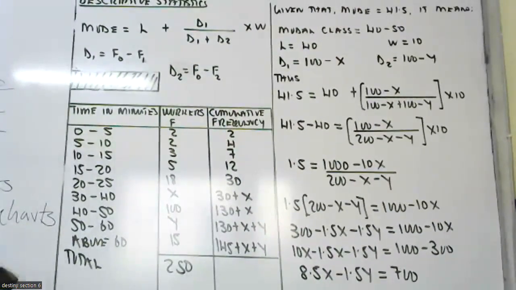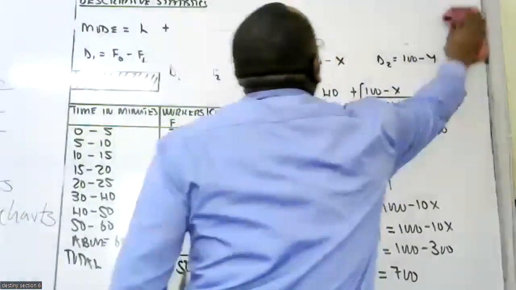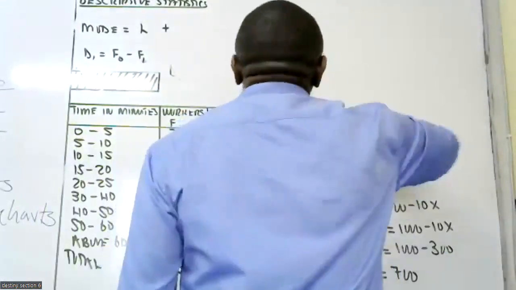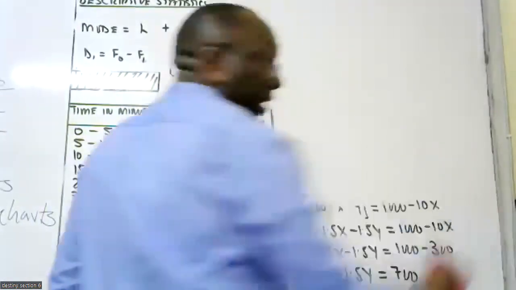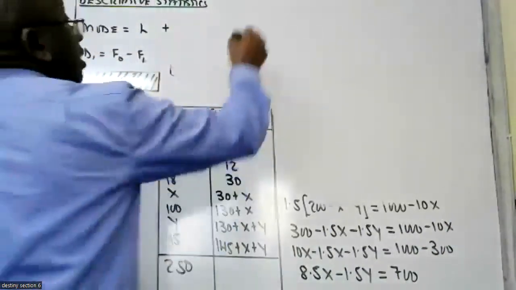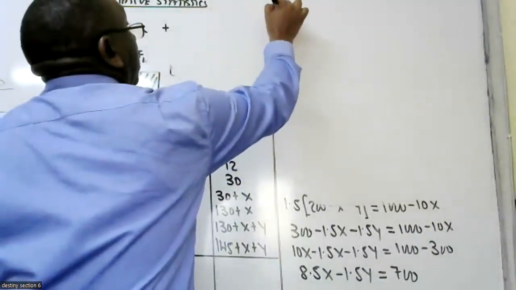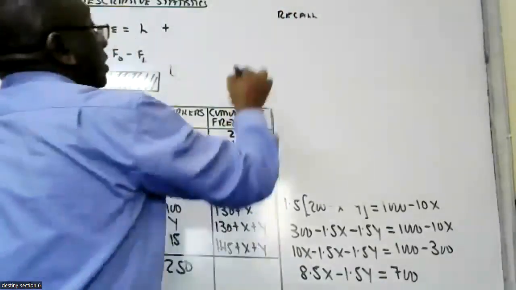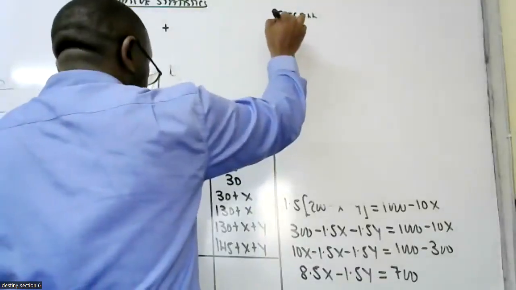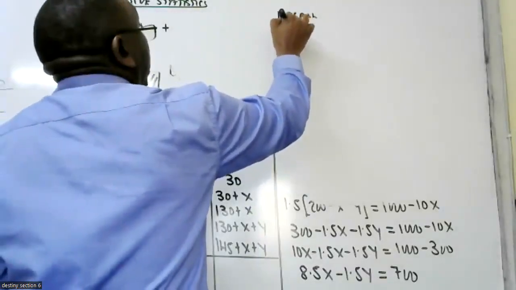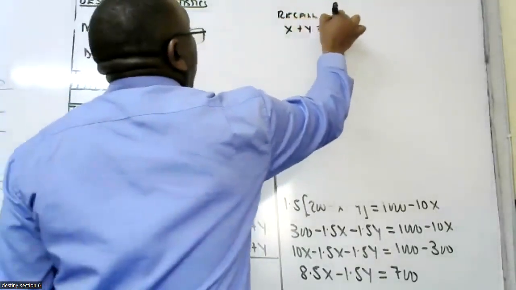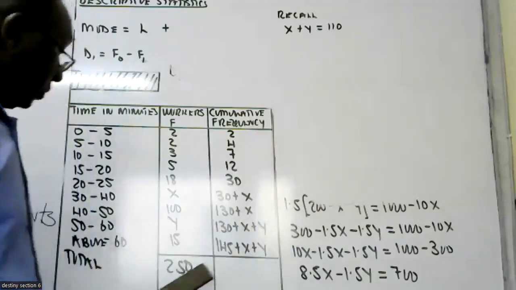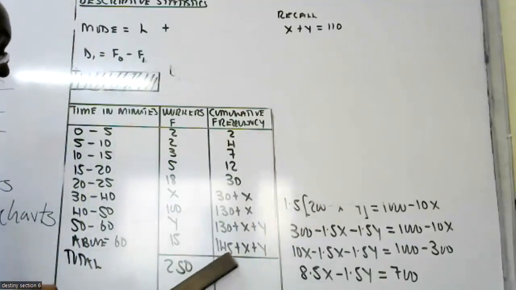If it is 700, we come here and recall. You need to remember what we had said, that x plus y was 110, from where we had solved in the other one. 250 is equal to this.